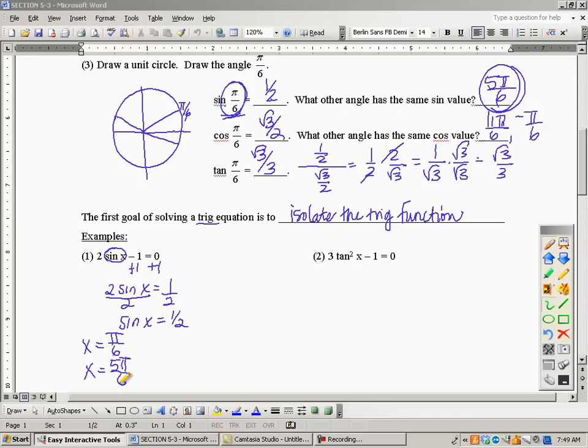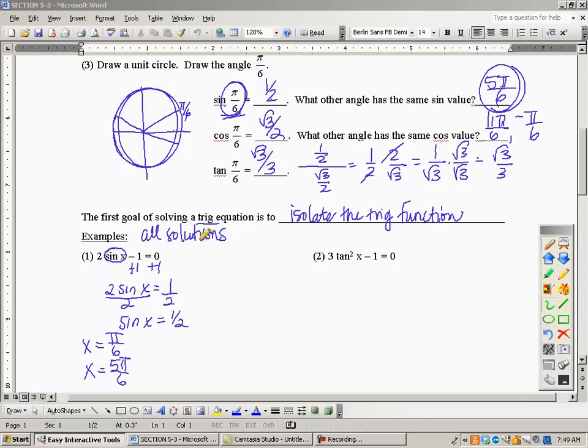Now the biggest thing is we want to talk about all of the possible solutions, not just the solutions in one revolution of the circle or just from 0 to 2 pi. We want to look at all solutions. And if I'm looking at all solutions, that means I'm looking for basically all coterminal versions of that angle.